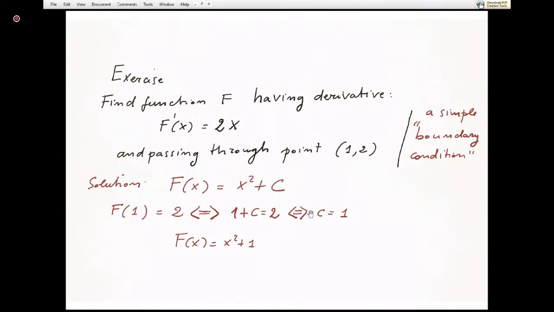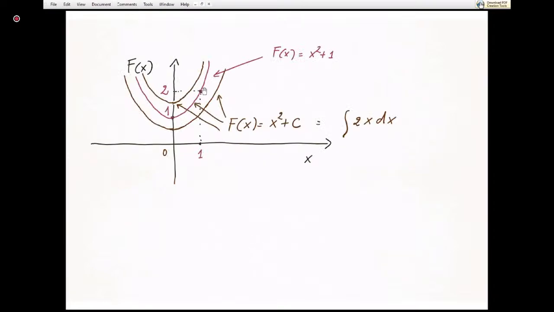In general, when we have this kind of boundary condition, we identify a unique function among the infinitely many functions that solve our integral. So our function is F(x) equal to x squared plus 1, which passes through point 1, 2, and the intercept is at point 1.